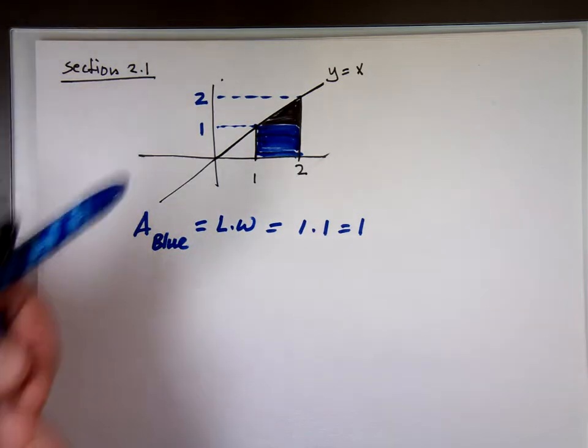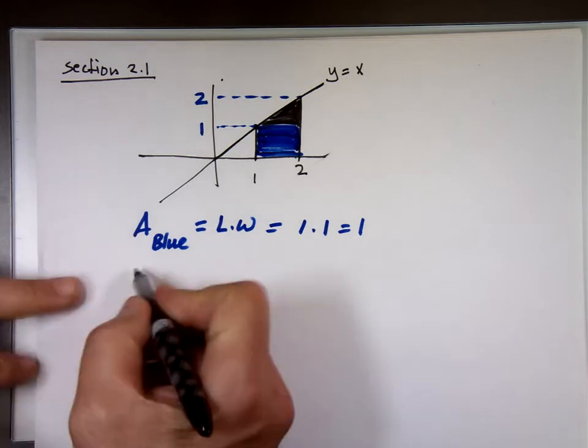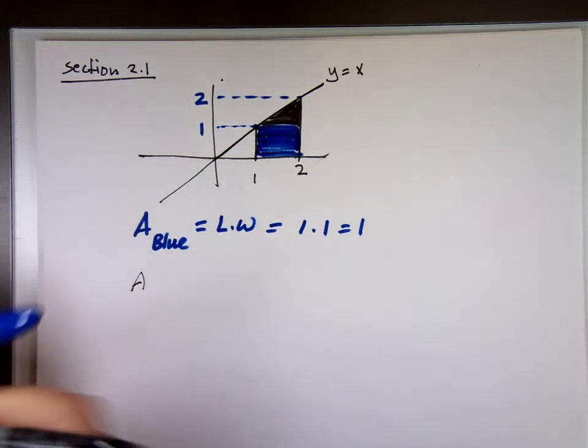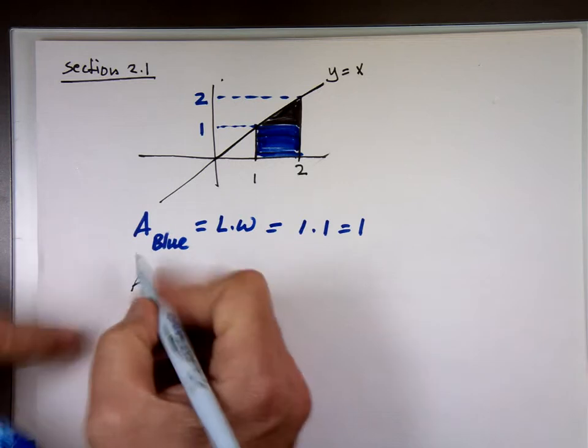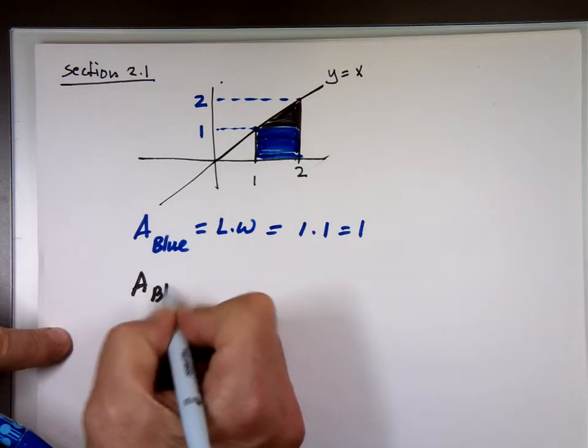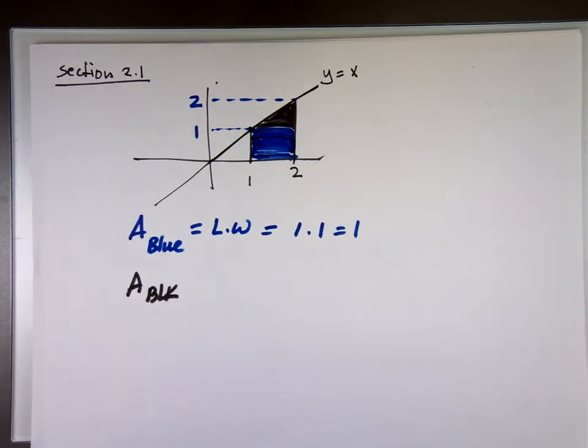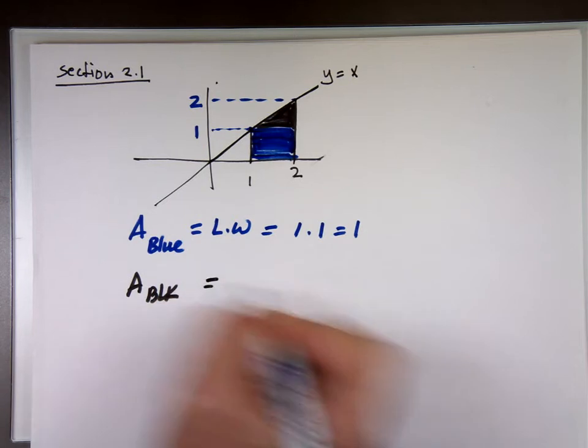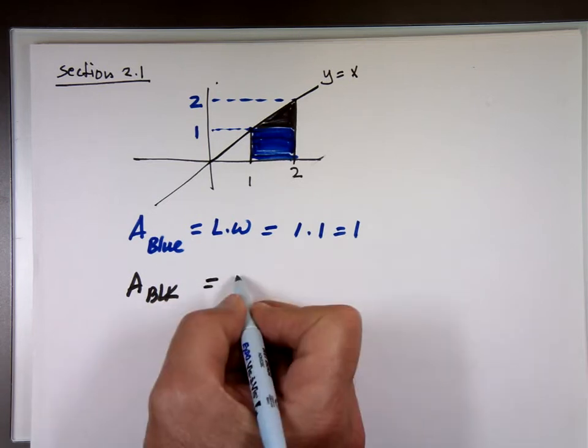And what about the black shape here? BLK, black. I saved myself one letter there, you know. What's the area for that? That's what kind of a shape?